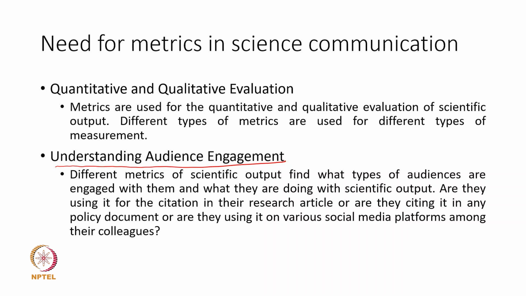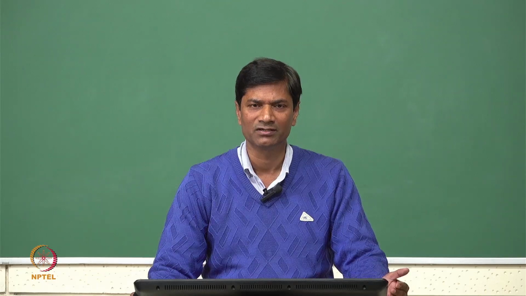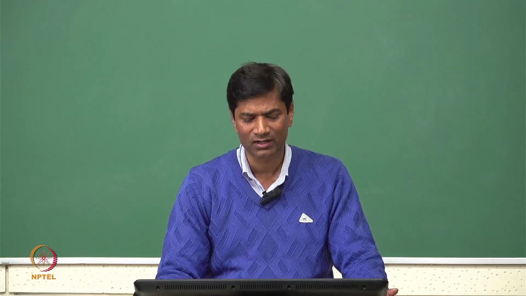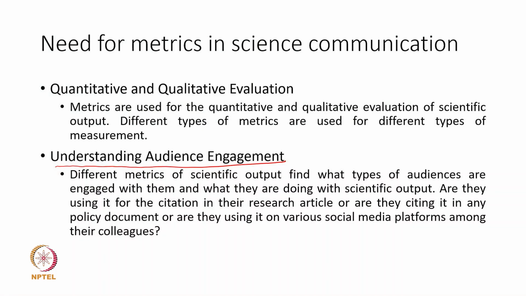Another important need for metrics in science communication is understanding audience engagement. You know that different types of audience are engaged. We have already seen that common man, policy maker, scientist, administrator, there are different people engaging in science. Some of them are producing science, some of them are actually using science in their day-to-day work.